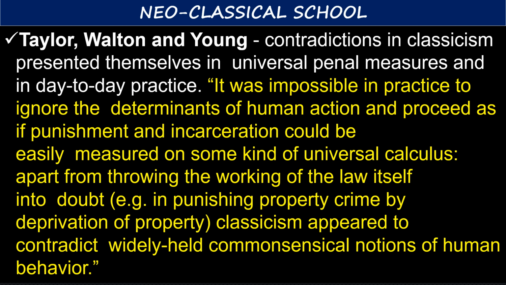So the neoclassical school is saying that yes, it's true that we human beings are beings of rationality and we are governed by our free will. But according to neoclassicalists, you have to consider also that there are factors that may restrain the practice of our free will.